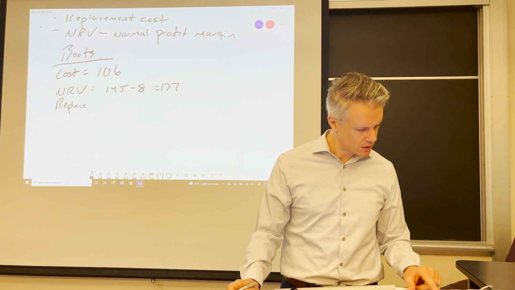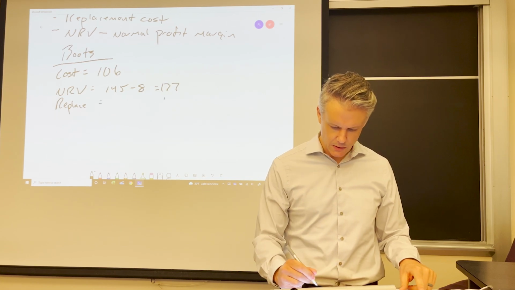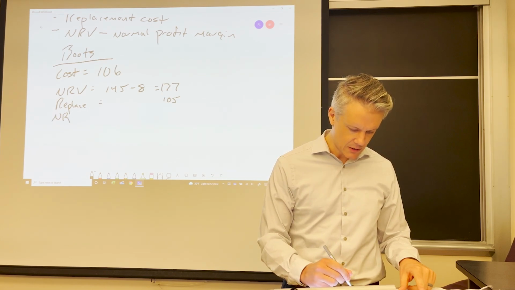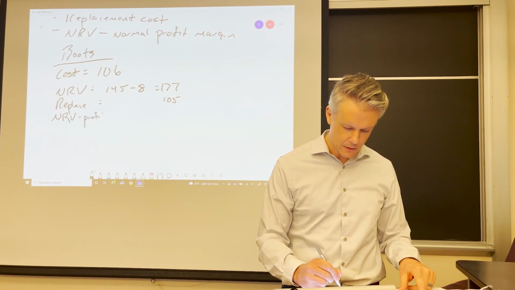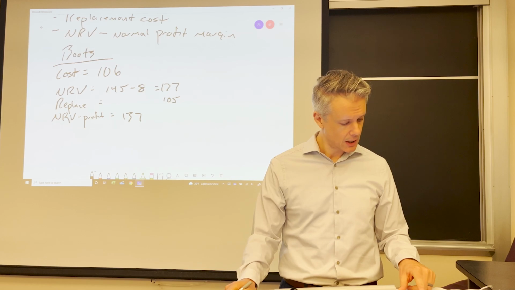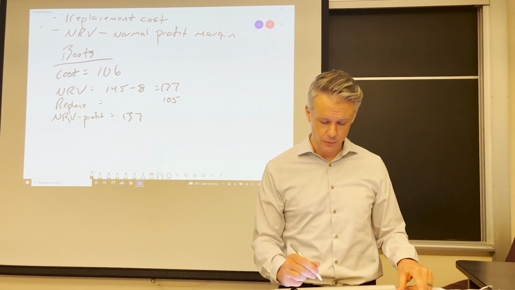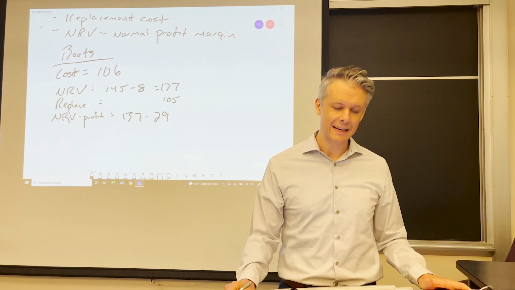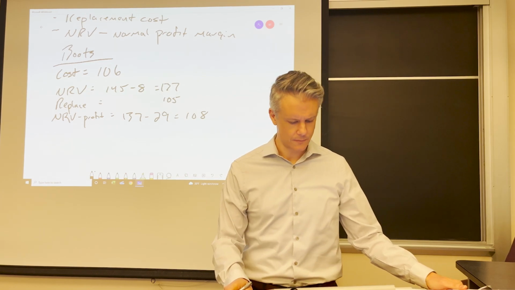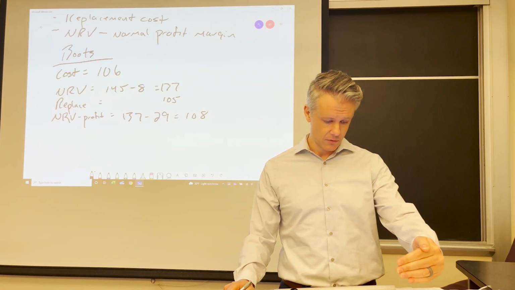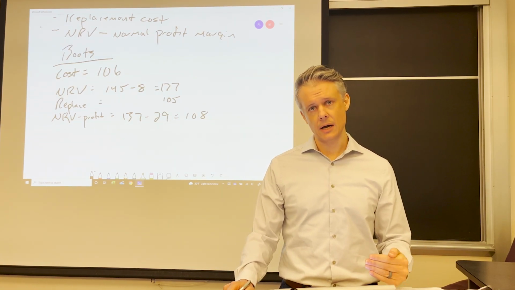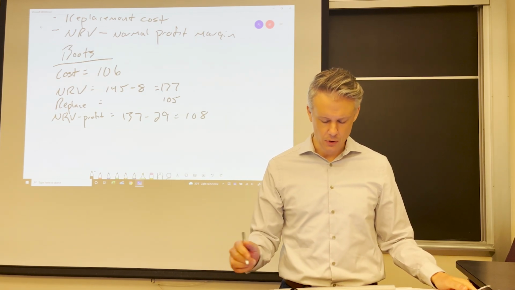How about replacement? Our current replacement cost for boots is $105. And then this last one, our net realizable value minus a normal profit. So I'm going to take our net realizable value from above, and it says that our normal profit margin for boots is $29. We arrive at $108. So we've got $137 for net realizable value, $105 for replacement, and $108 for net realizable value minus our normal profit margin.